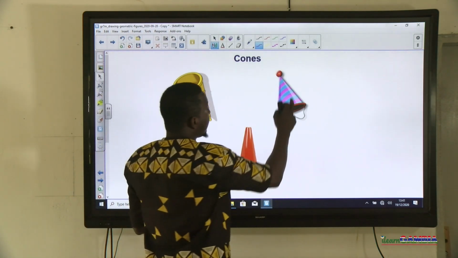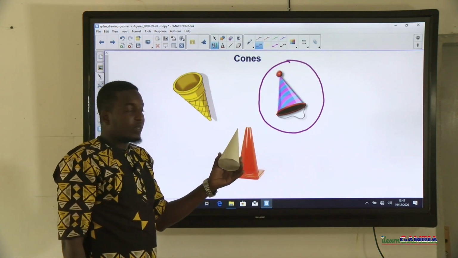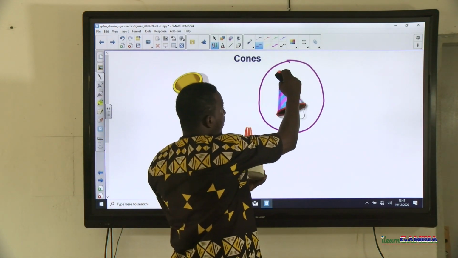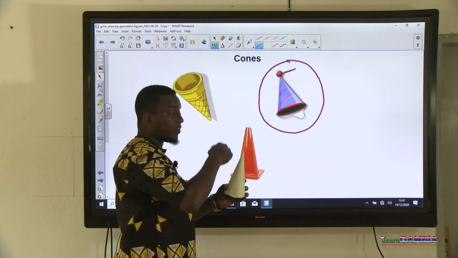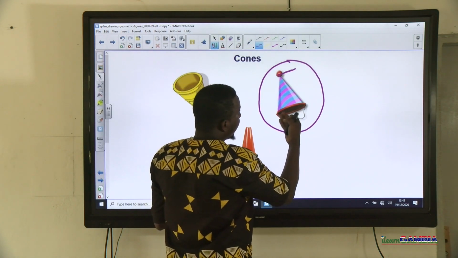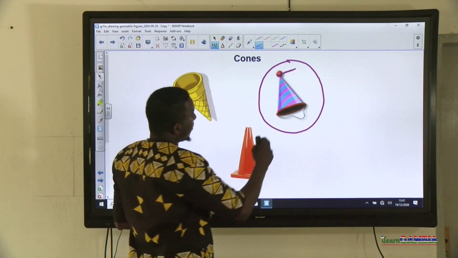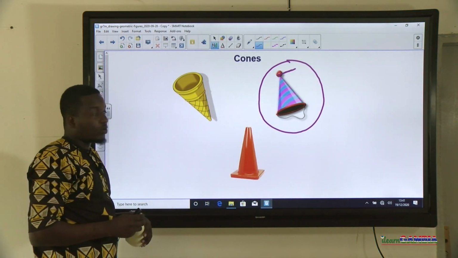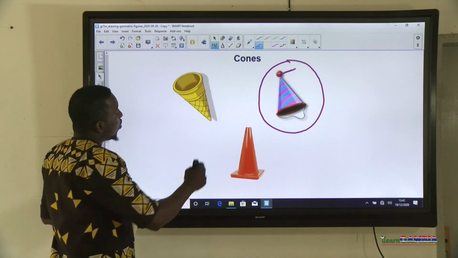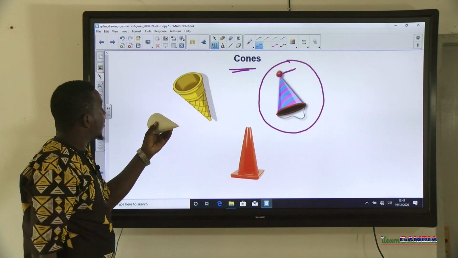Like looking at this hat, it is in the form of a cone. It has a vertex over here, and it has a curved surface, and it also has what we call a flat face. So it is referred to as a cone, and it is a hat. Then this ice cream cone is also referred to as a cone because it has similar properties.